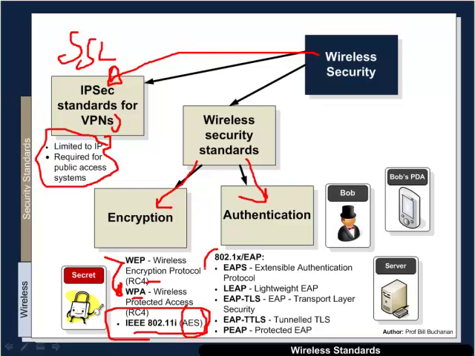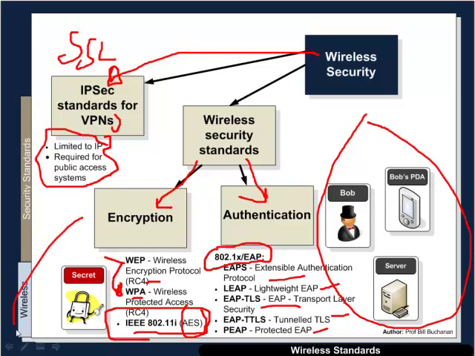For authentication, we tend to now use the 1X or EAP framework, where we can get multiple different methods of authenticating devices and users onto a system. So this is just as important as this. If we can make sure that the two fit together, encryption and authentication, then we have a much more secure system.